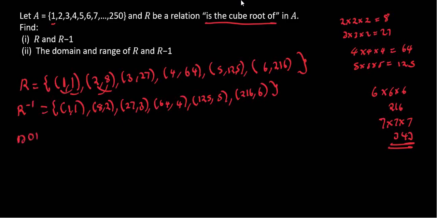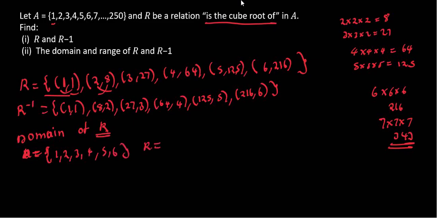So this is the domain. The domain now of the relation, in short, which is of the first one, will be 1, 2, 3, 4, 5, then 6.